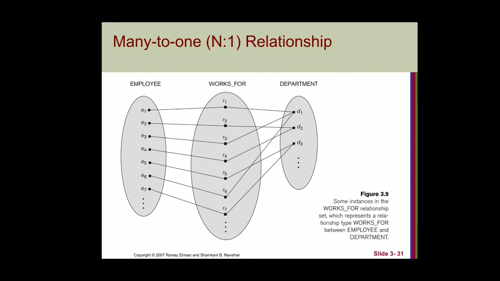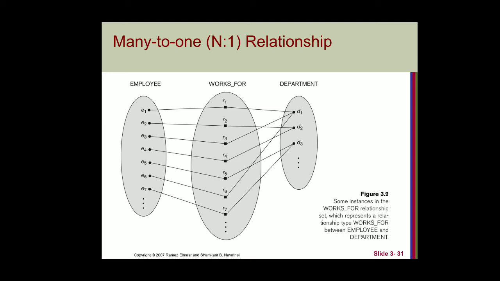This is an example of an N to 1 relationship. Here we have employee as an entity type and department as an entity type, and between them a relationship type, works for. We have a line joining E1, R1, D1, which means employee E1 works for department D1. Then we have E2, R2, D2, which means employee E2 works for department D2. Here we have N to 1, which means many employees can work for a single department.